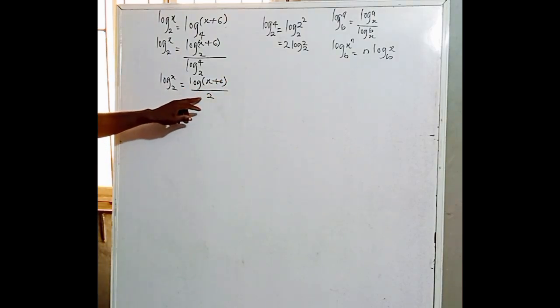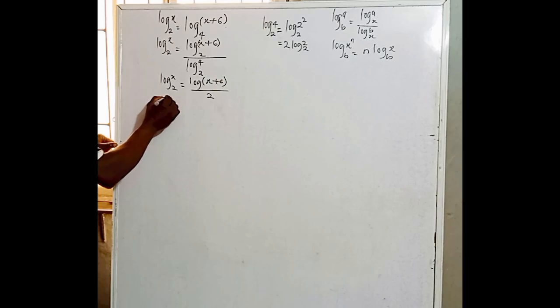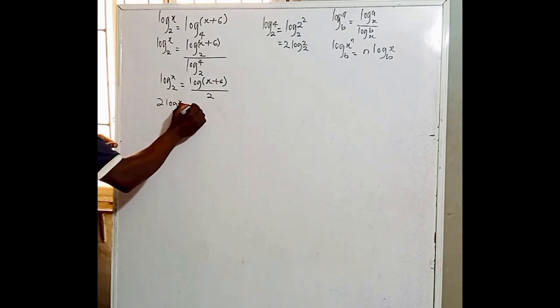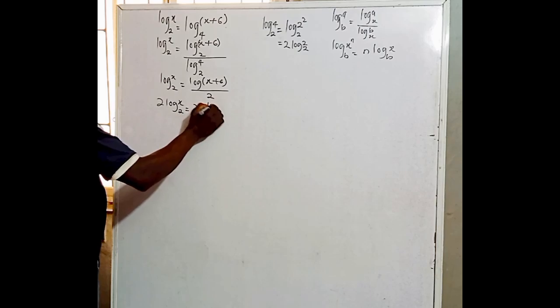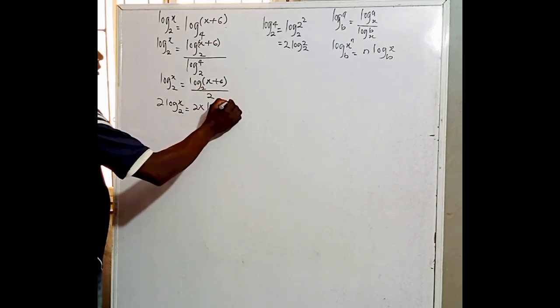So we have to deal with this. The only way to handle this is just to multiply both sides by 2. So if both sides are multiplied by 2, this becomes 2 log x to base 2 equals 2 times log (x + 6) to base 2, divided by 2. Remember, the log is to base 2 there.